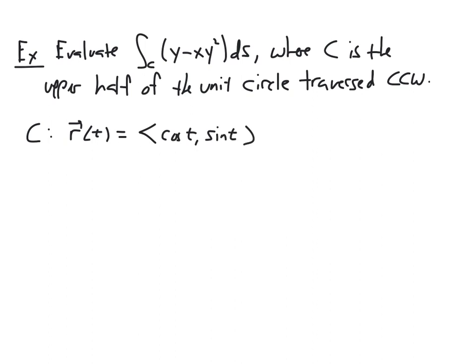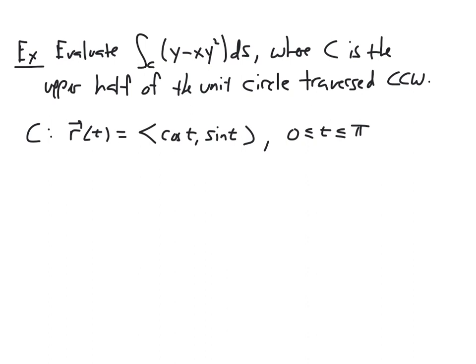If we let t be all real numbers here, we will get the entire unit circle. So to just get the upper half, we want to restrict t to be between 0 and pi. It's not the only range that works. For example, we can go from 2 pi to 3 pi or 6 pi to 7 pi, something like this. But 0 to pi is the most obvious choice to do this.